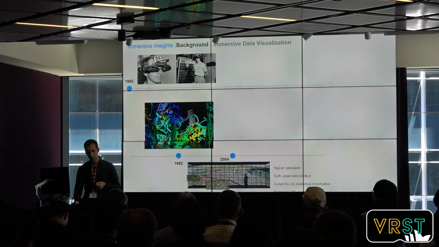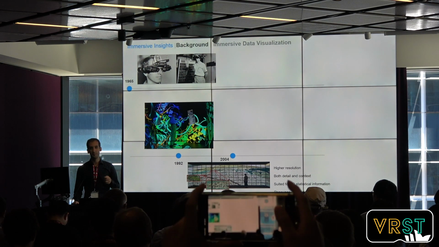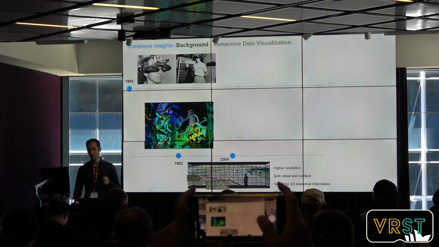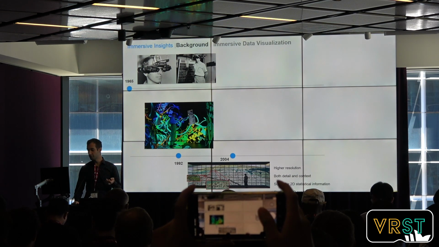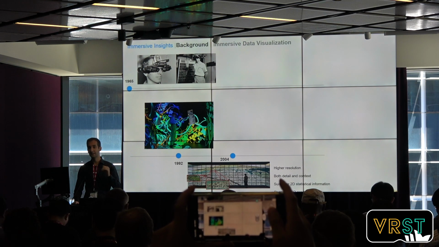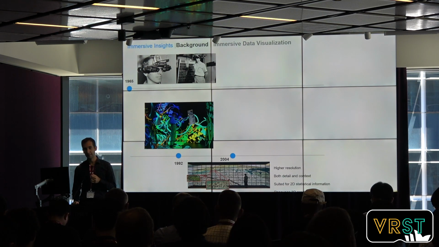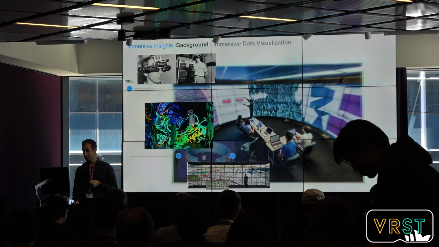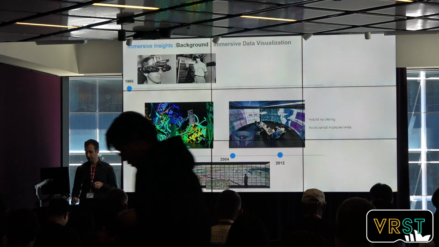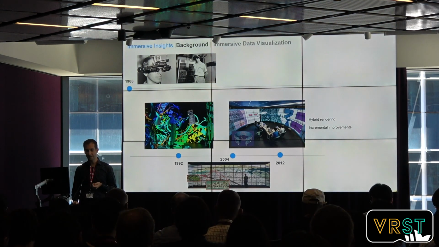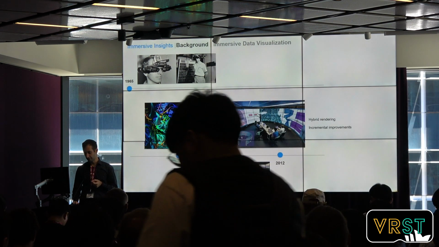In the early 2000s, with the drop in the cost of LCD panels, we observed what we can call power walls, or large display walls. In this case, we have much higher resolution, but generally with the decision of sacrificing 3D rendering. Later on, with the introduction of what are sometimes called hybrid reality environments, you can have both 2D and 3D information at the same time.